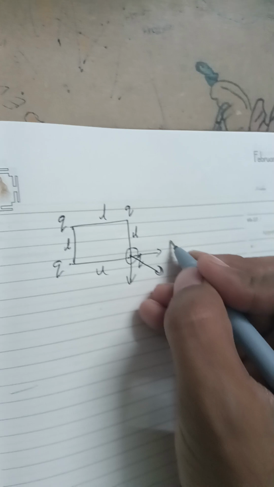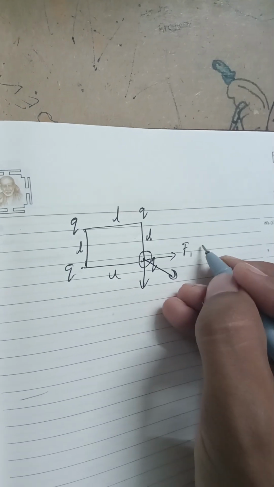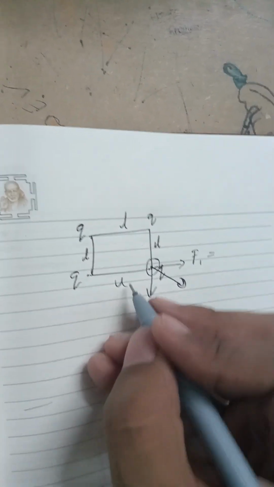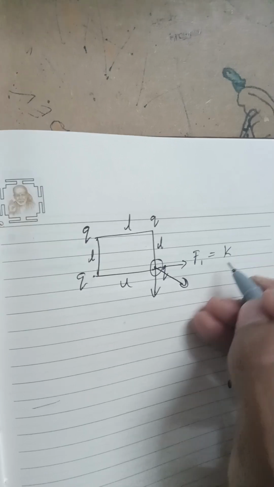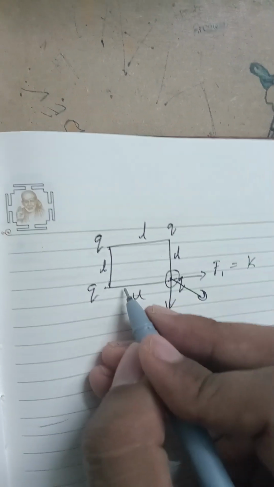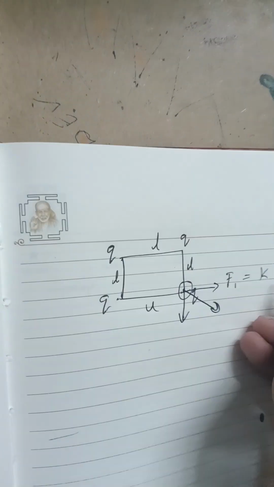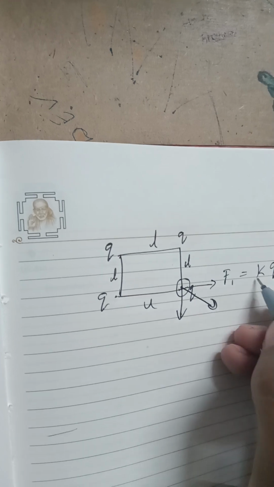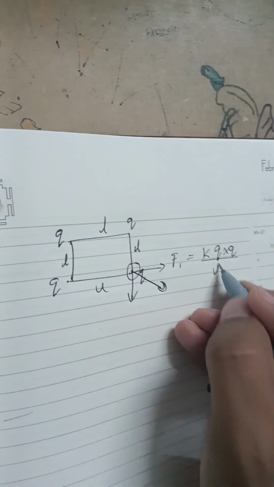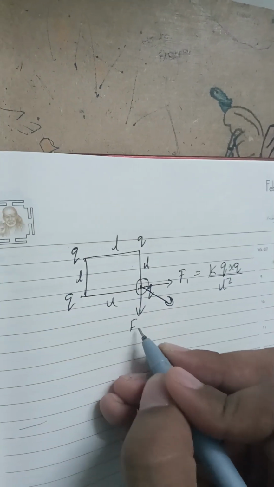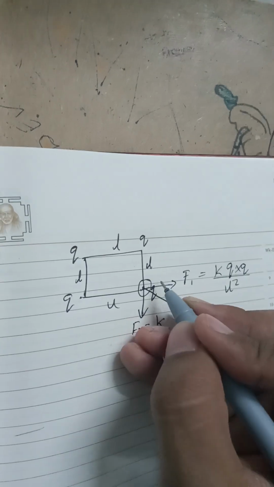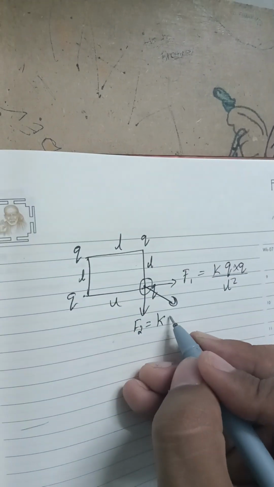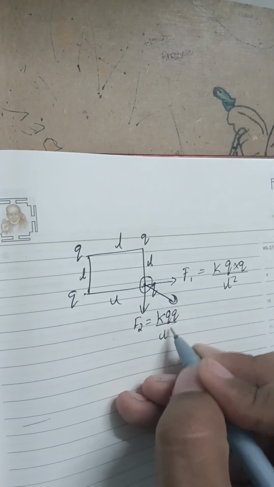This force's value is F1. It is on this line, so k q1 q2 into q2 by l square. Same goes for the F2 here, k q1 q2 q by l square.